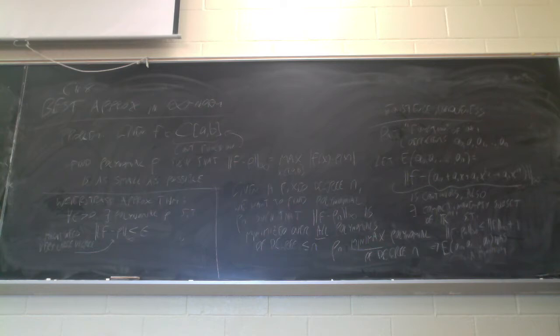More generally, a continuous function on a compact set has a minimum and a maximum. We don't care about the maximum in this case. It's a minimum that we want. But I'm saying this to tell you the minimax polynomial exists. So for whatever f that's a continuous function, whatever degree n you pick, there is a minimax polynomial.